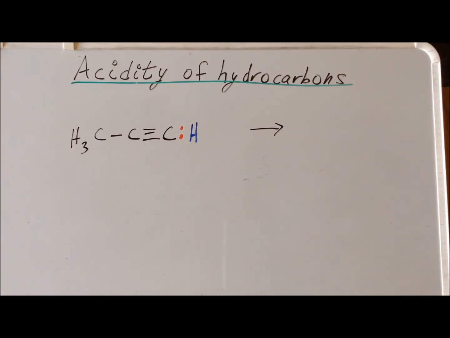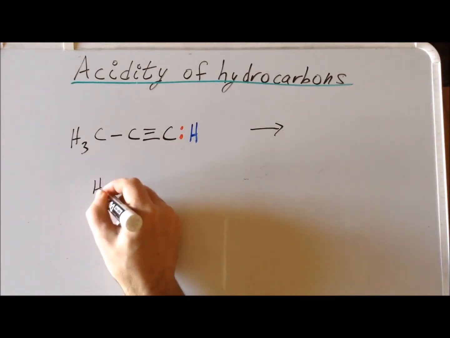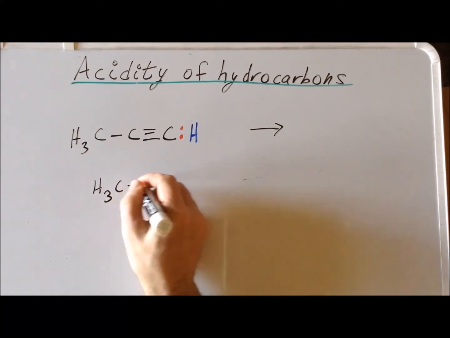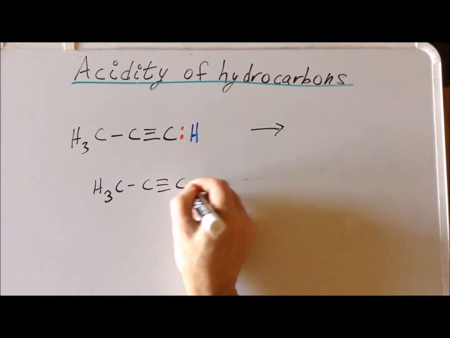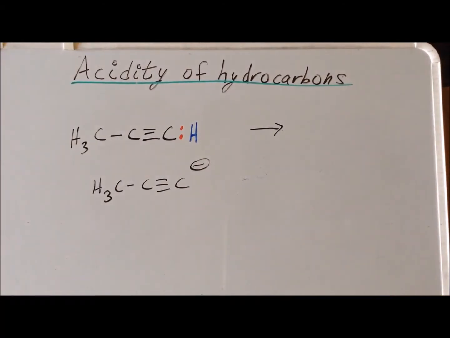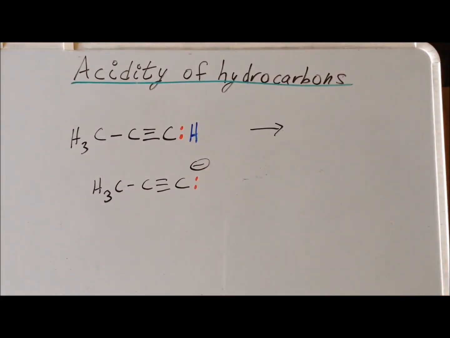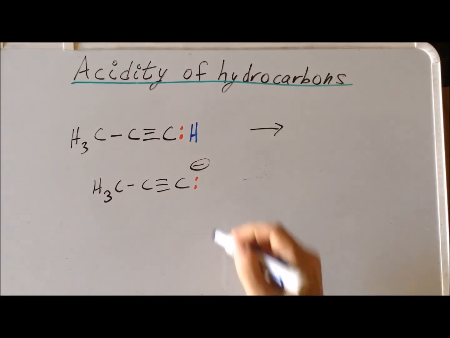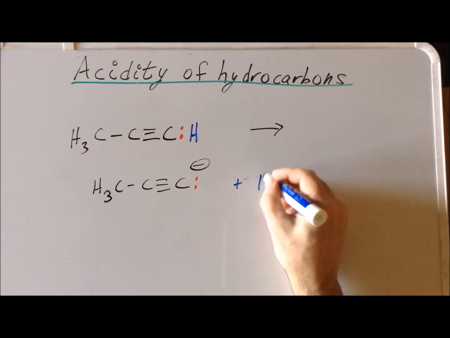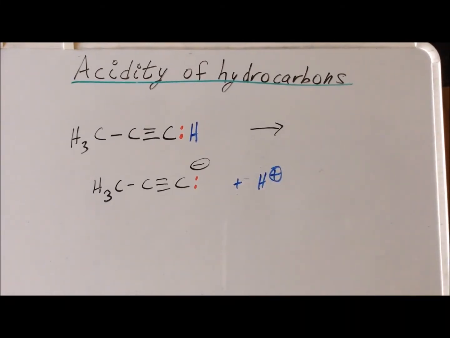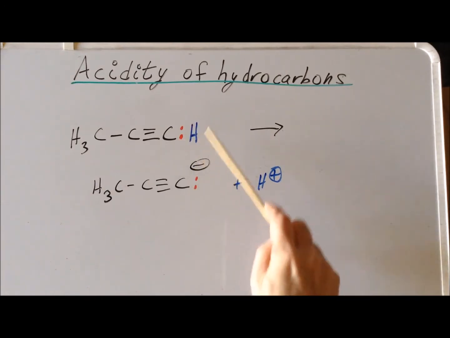So when it acts as an acid, what do we get? We get our conjugate base, which we know has to be negatively charged, with a -1 charge. We have our lone pair, and we have the H+. So again, as in acetylene, this hydrogen is synthetically abstractable in ammonia solution.